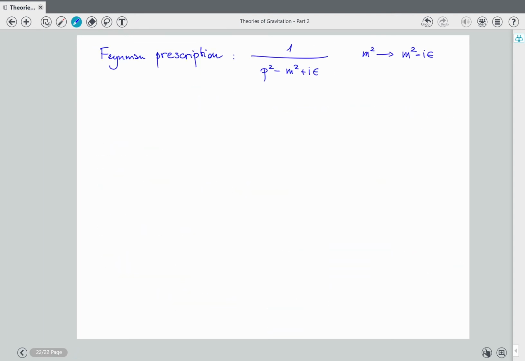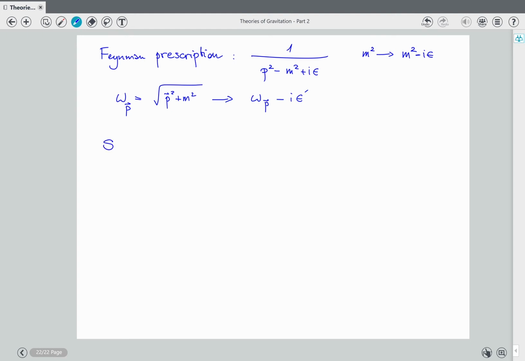And that reflects on the omegas, because omega of p, which is this integral, becomes what? Omega minus I epsilon prime, actually. Because if you replace m squared with m squared minus I epsilon, and you expand, because this is just a very small contribution, you will have that.